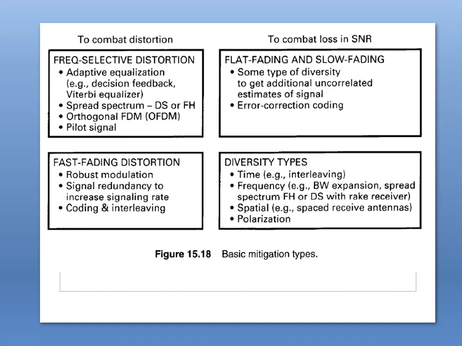If it is not equal, it comes under elliptical polarization. So the type of polarization is totally dependent upon the type of antenna we are using on the transmitter side as well as the receiver side. So by using these methods, we avoid frequency selective distortion, fast fading distortion, slow fading distortion, and so on, which can occur in the channel.